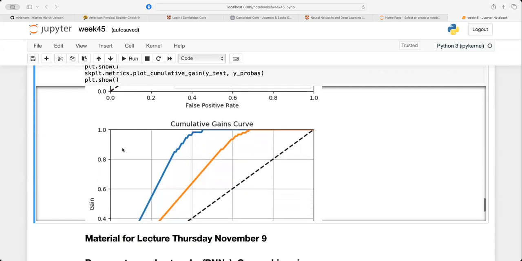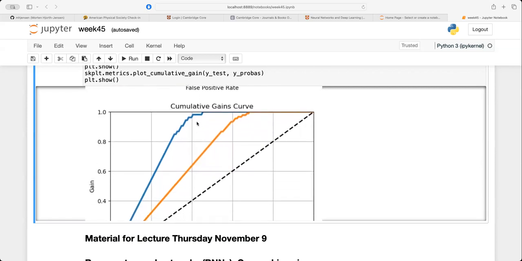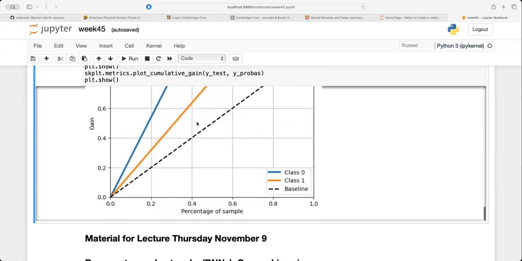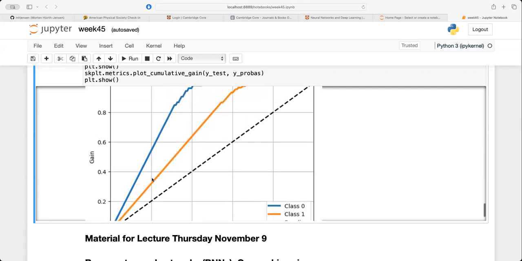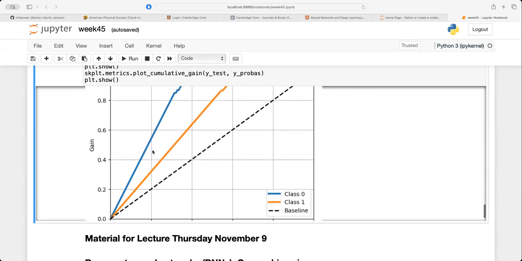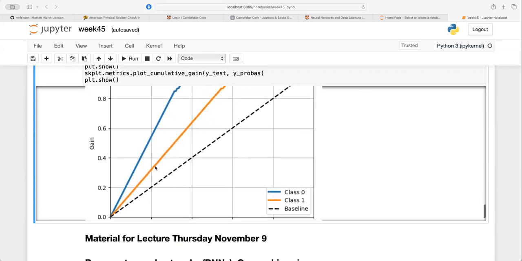Another curve, which is much used, is the cumulative gain. That is an interesting quantity because it shows you this as a percentage of the sample. So you see now, if you have 500 data points and you take 20% of the sample, one of the cases has more data and it starts classifying better, whereas the other one has less data.